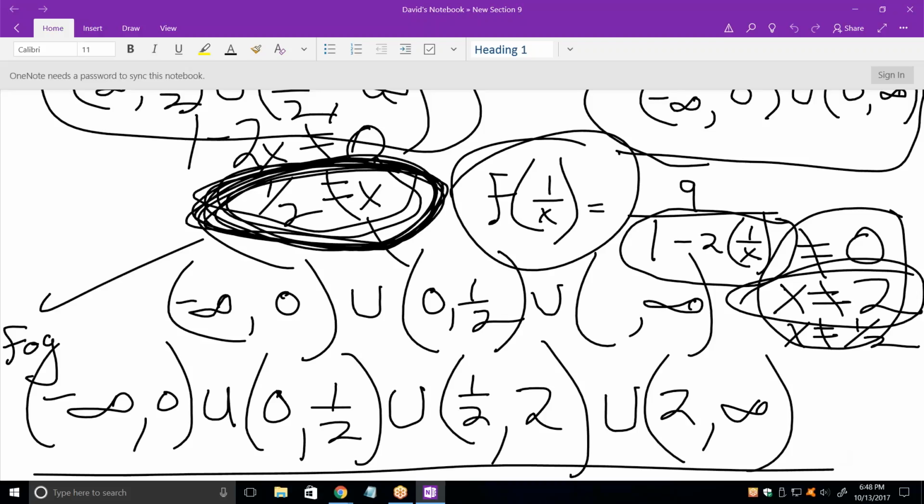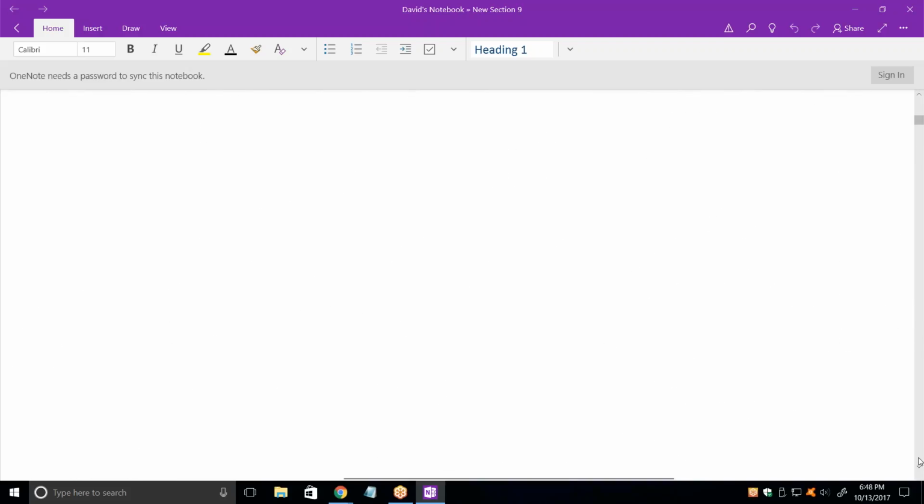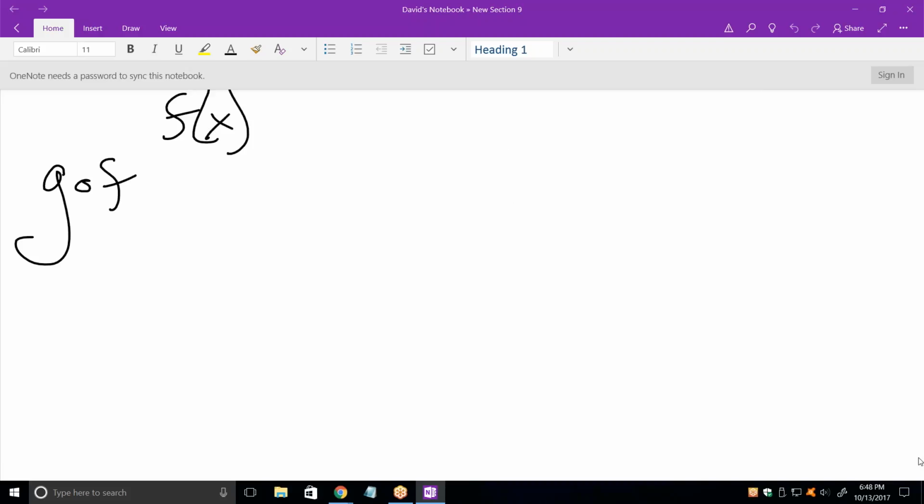Now, for g of f, tell me f of x again. I apologize that my eraser doesn't work on this thing. What's f of x? It's 9 over 1 minus 2x. What's g of x? 1 over x.